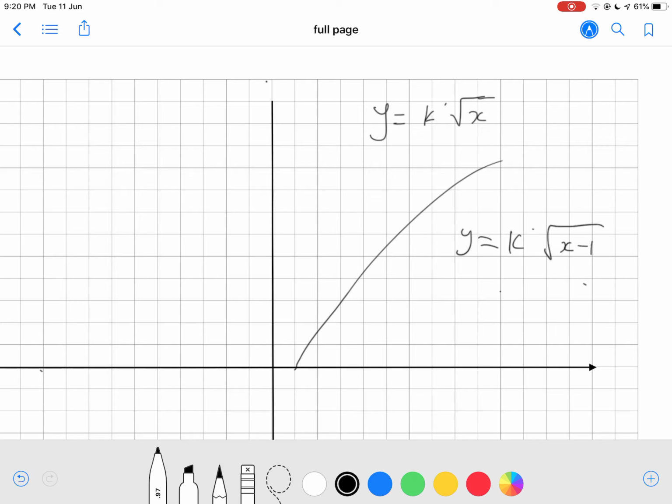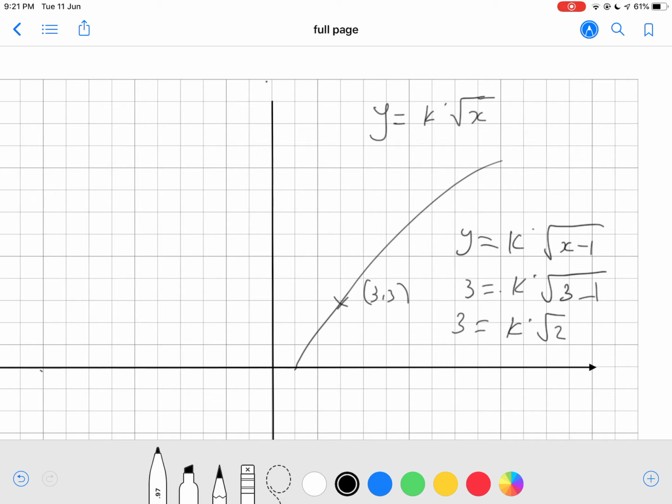And we'll substitute one random point to find our k value. We'll say this point here, (3, 3). So we substitute 3 equals k times square root of 3 minus 1. 3 equals k times square root of 2.